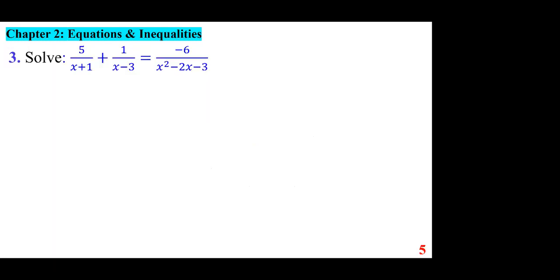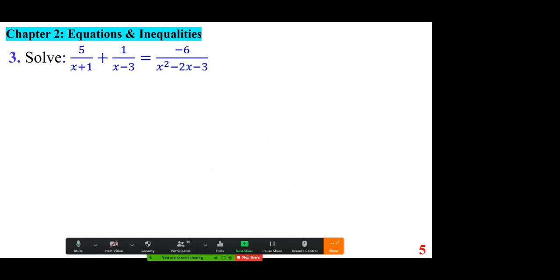We are to solve this equation, which is a rational equation, everybody. So first and foremost, we need to factor every denominator. In this case, this is fine, this is fine.